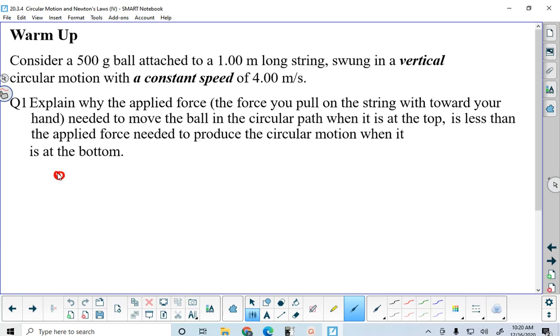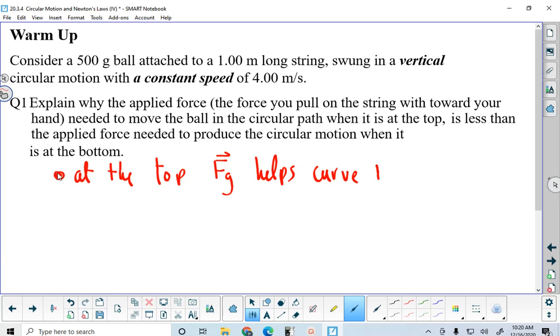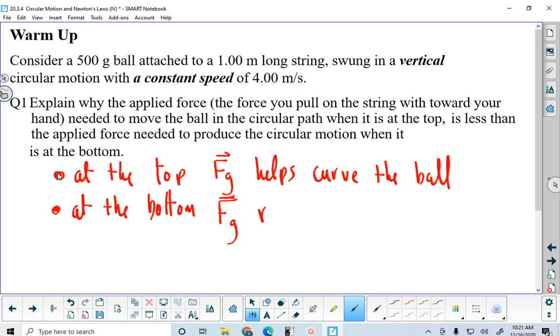So what we can say is at the top, the force due to gravity helps curve the ball because it's curving it towards the bottom, but at the bottom, the force due to gravity resists your efforts.